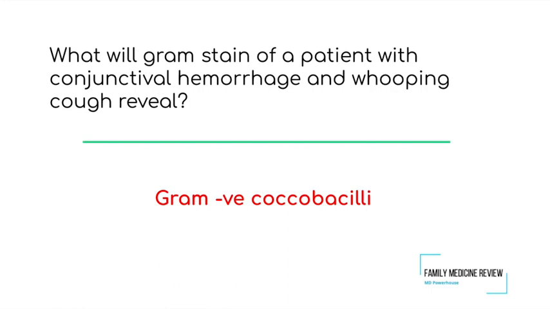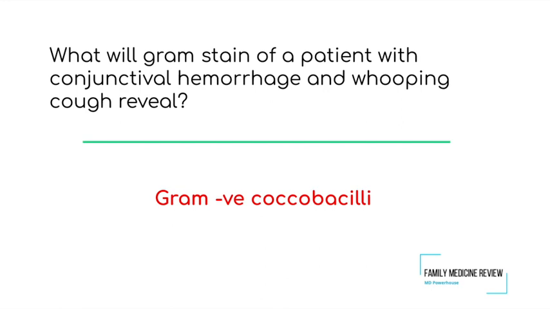So when thinking about the presentation of this, you have to think about it in 3 stages. You have the catarrhal stage. This is the phase where patients typically have upper respiratory tract infection symptoms. And then you have the paroxysmal phase, which is where they cough a lot. And then you have the convalescent phase.